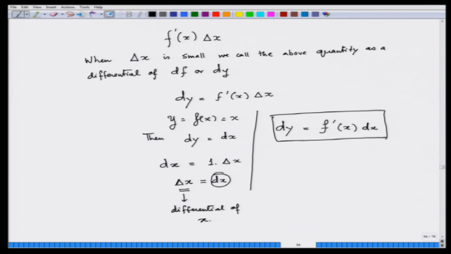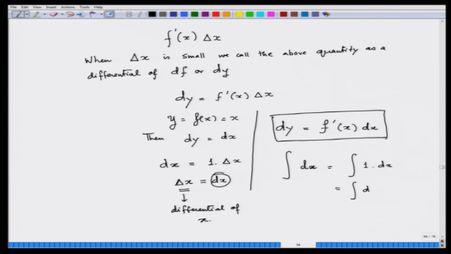But if you look at the formula, we can now talk about the integral of this differential. Essentially I am talking about the integral of 1 into dx. Basically it is talking about a change of y when f dash x is 1. So dx is equal to 1 into dx.